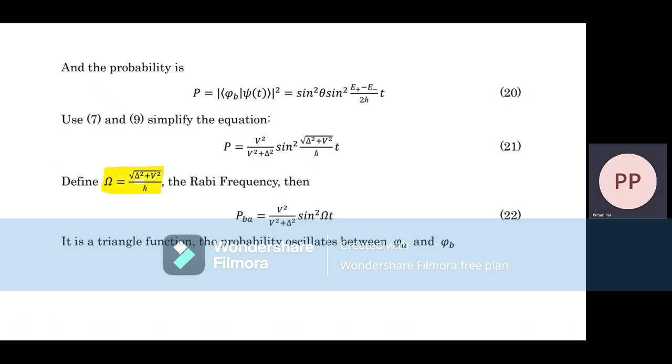Please remember this formula. It will help you to solve some problems. So this is called the Rabi frequency.